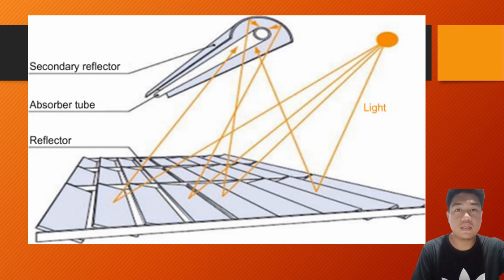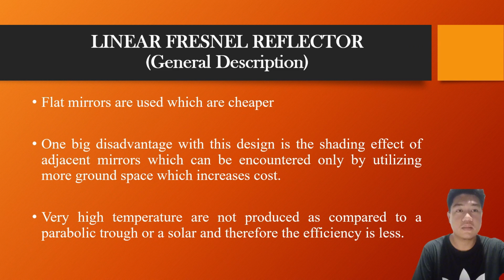So yung disadvantage nito is parang may naaaninuhan yung katabi niyang mirror kasi magkakadikit sila, and pag pinaghiwa-hiwalay yon is mas tataas yung cost, and yung very high temperatures are not produced as compared to a parabolic trough or solar tower, and therefore the efficiency is less.